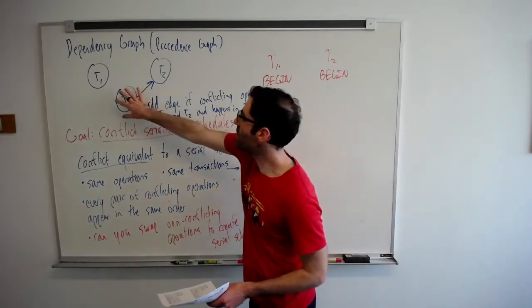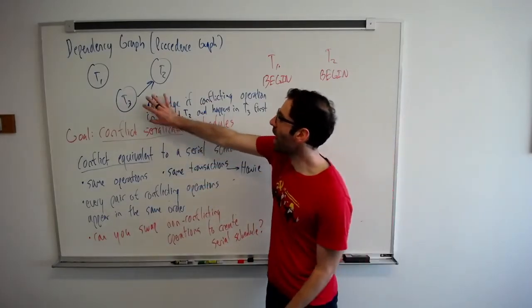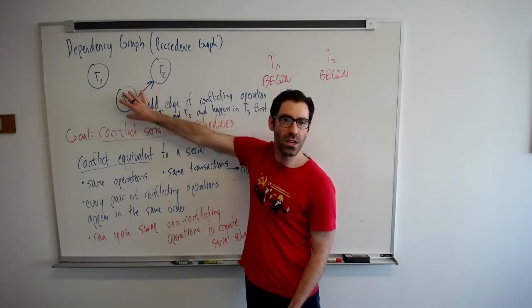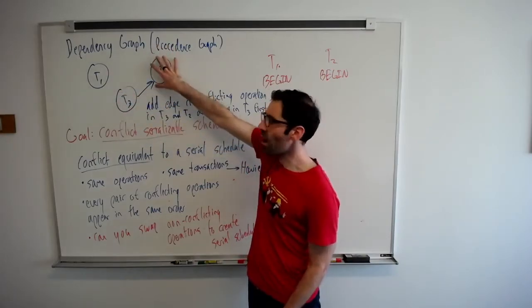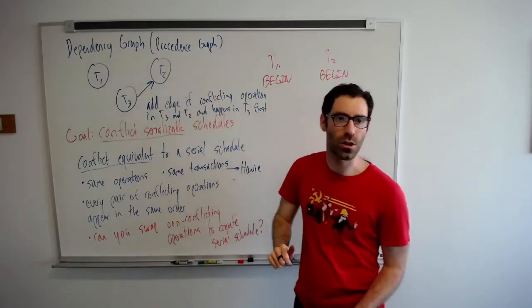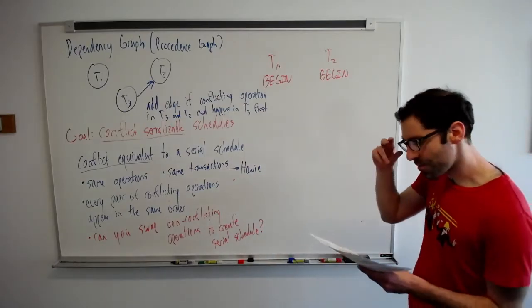So this means that we have this conflicting operation that first occurs. Say there's a read of A in T3 and a write of A in T2. Then we would add this edge to our dependency graph in order to show this.